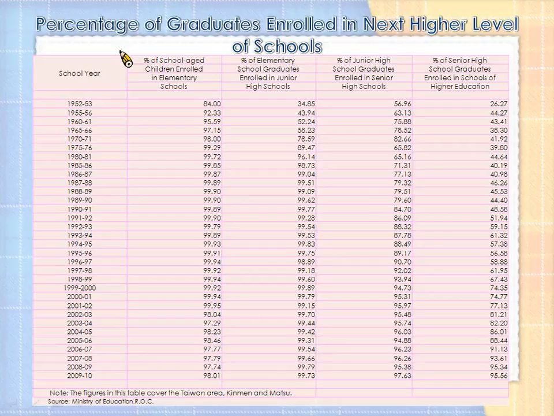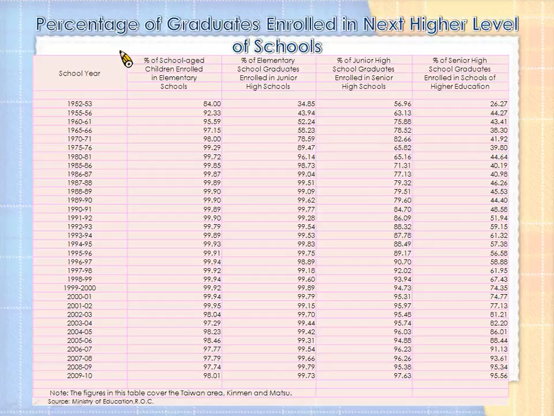And then after that, we also see that the implementation of the 9-year compulsory education helped to increase the enrollment rate for senior high school, and also for university and college.